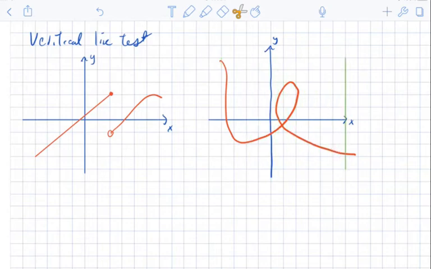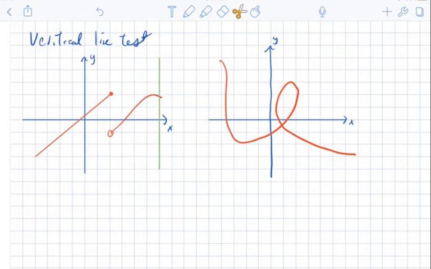The rule here is there might be places where the vertical line doesn't touch the red line at all. That's fine. But in the vertical line test, we're asking ourselves, does the line cross the red line at more than one place? It might do it there, but I think we talked about what the open circles and the closed circles mean. If it's an open circle, it means the function isn't defined at that point. So that's actually okay.